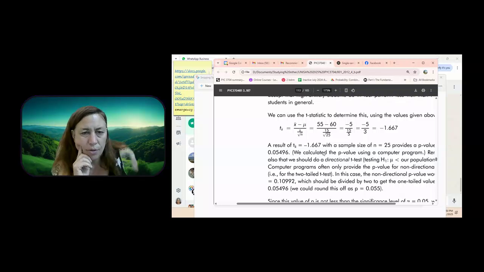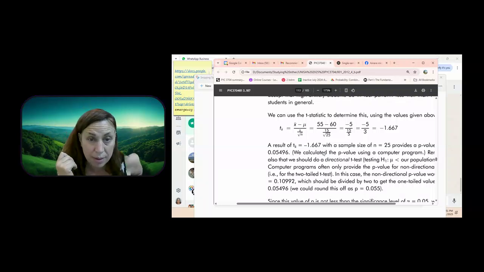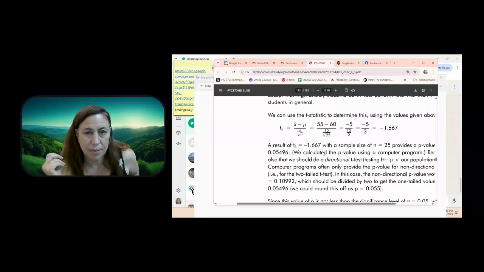So our t-score is x bar minus mu over s over the square root of n. So x bar is 55, mu, the population mean, is 60, over the standard deviation of 15 over the square root of 25, which is minus 5 over 3, which is minus 1.667. Okay, great. So that's our t statistic, or t value, minus 1.667.